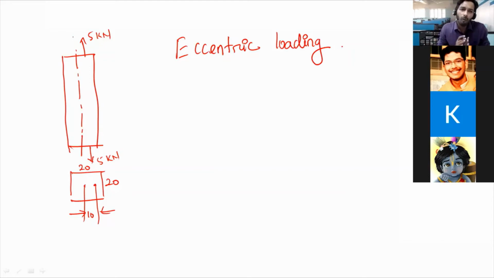Every problem has its own conditions. So it is acting eccentric to the centroid. If our force is not passing through the centroid, if it is offset or eccentric to the centroid, then we call it eccentric loading. Is that clear?